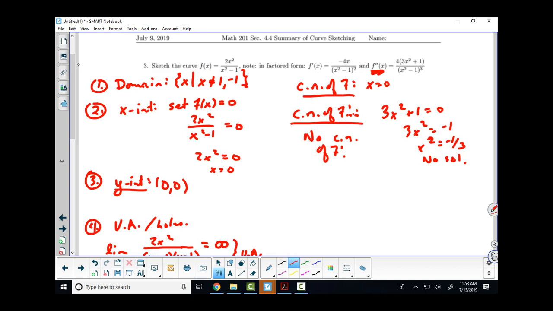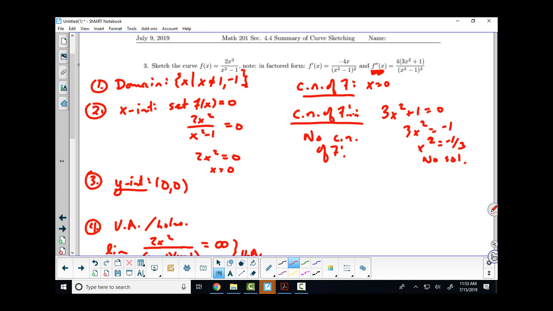What did the critical numbers of f prime give us? We look for the concavity. So the second derivative tells us the concavity, and so the critical numbers of f prime will tell us potential inflection points.